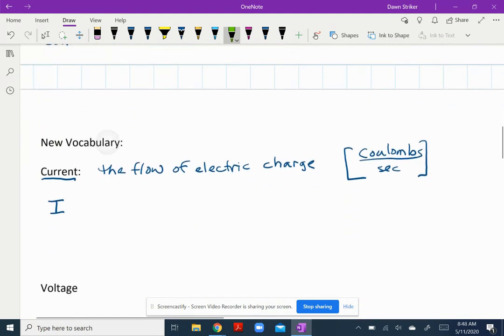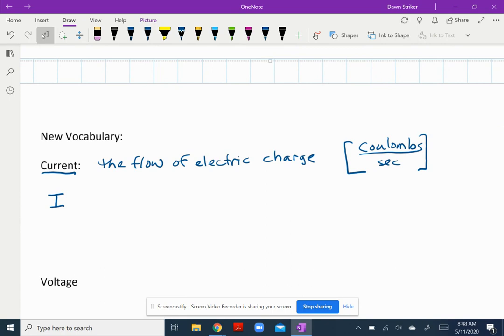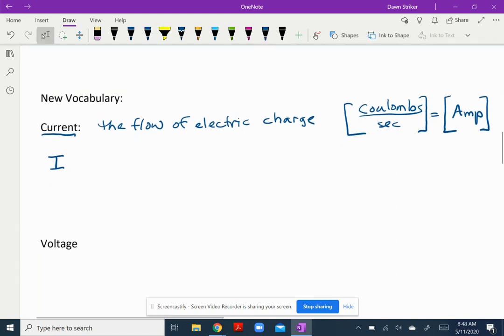And so we've got something similar. We've got coulombs in the numerator and seconds in the denominator. And a coulomb per second is known as an ampere or an amp. Okay, so the unit that we use to measure current is an amp. An amp, the flow of electric charge.